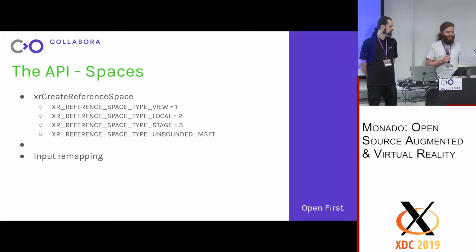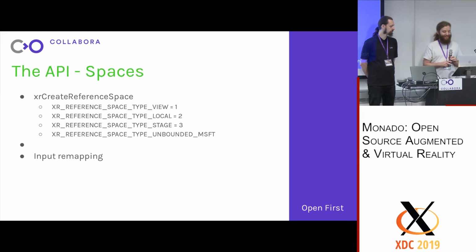And a last concept that I want to quickly touch is spaces in OpenXR. There are a bunch of reference spaces supported. A space is basically a coordinate system that you know with the X, Y, Z axis like this, and a space can move, but all spaces move relative to each other.